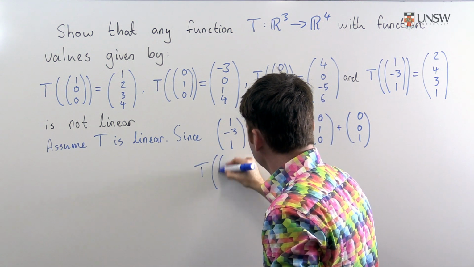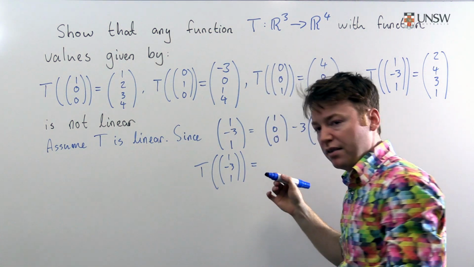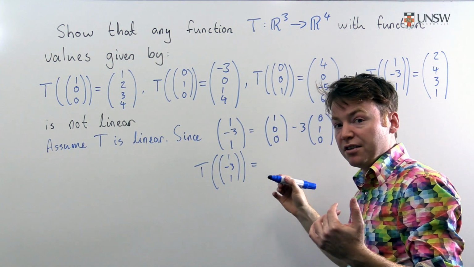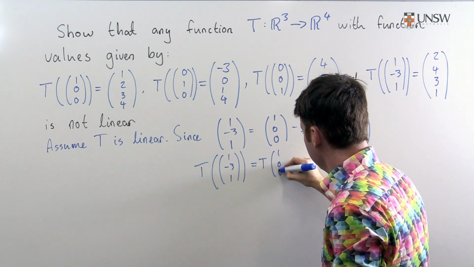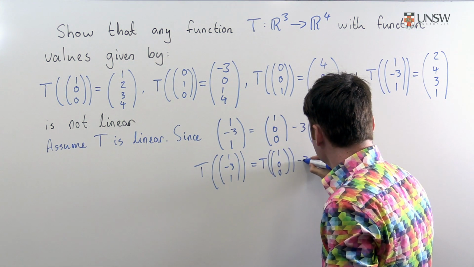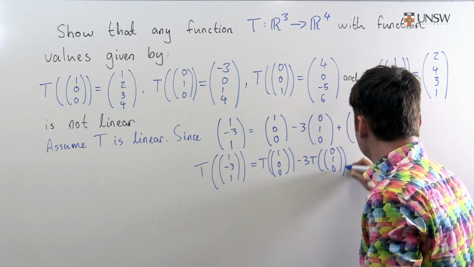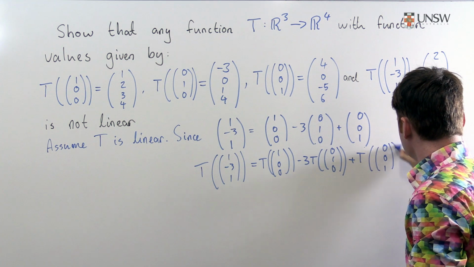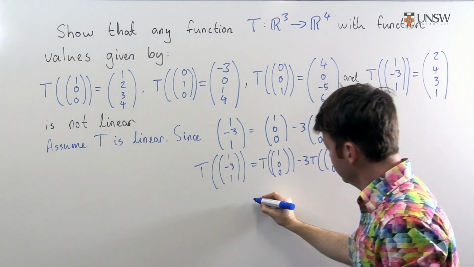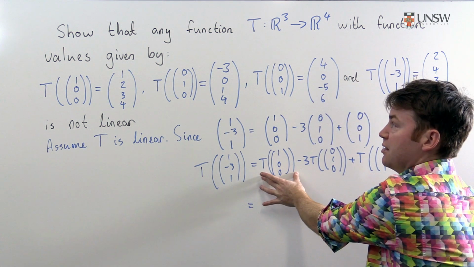T of (1, -3, 1) is equal to, I'll use the linearity of T now to just write this as T of (1, 0, 0) minus 3 of T of (0, 1, 0) plus T of (0, 0, 1), which is therefore equal to, well, I know what T does to this vector.